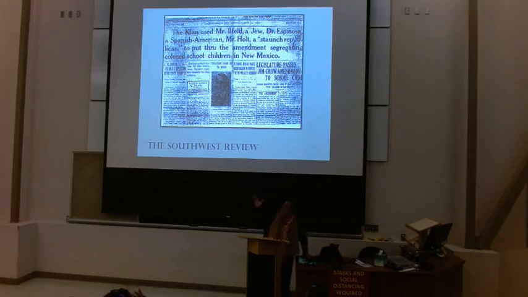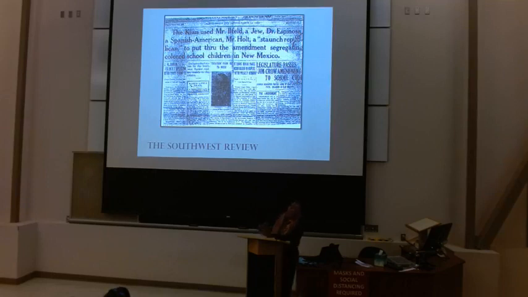And one of the reasons that this is an African American newspaper, the Southwest Review, and it came about, this article was protesting New Mexico moving to Jim Crow. Because a lot of the homesteaders, when they came here, it was with the hope that New Mexico would not suffer the oppression they had in the South.